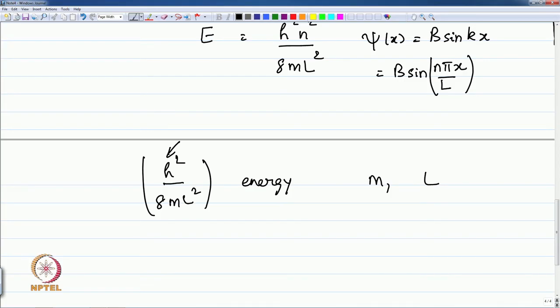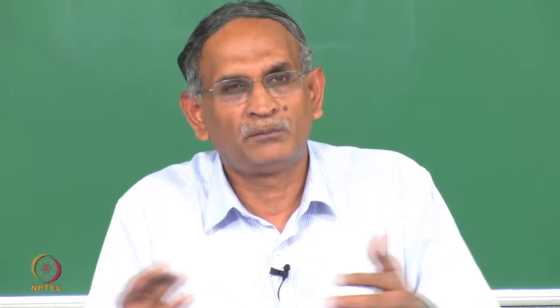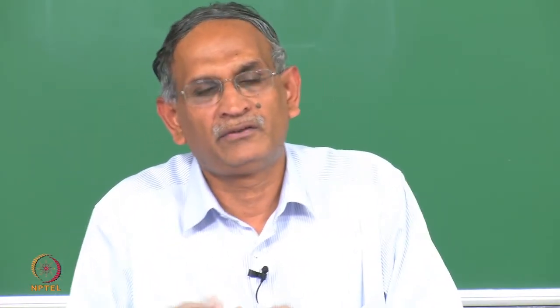So now the energy seems to be quantized in terms of the two physical parameters that we introduced, whether a heavier particle or a lighter particle, in a smaller box or a larger box, but with all the other conditions being the same, namely potentials being 0 inside, the potentials being infinite.